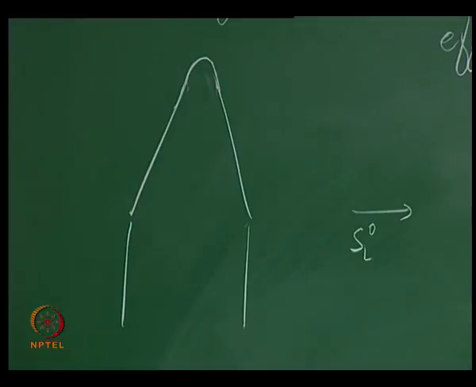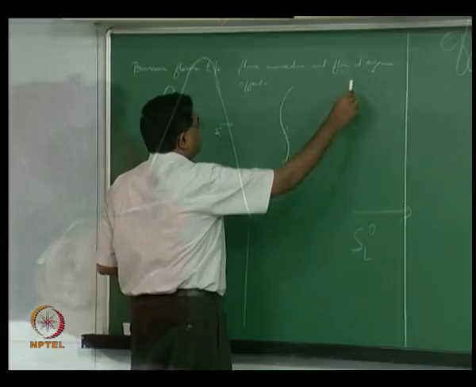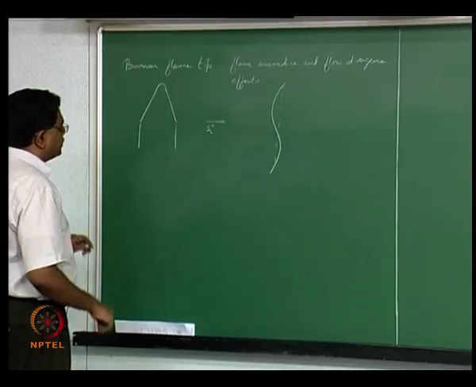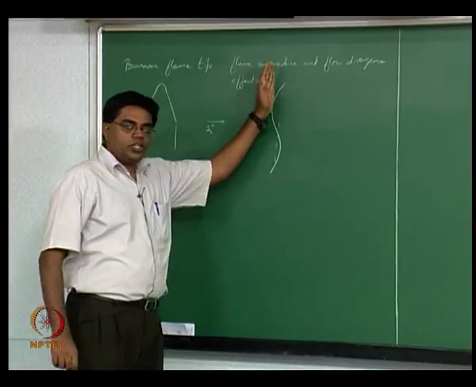Therefore what we want to do is think about flame curvature, and also another aspect that we need to worry about called the flow divergence effect, in the context of a small perturbation to a plane flame.